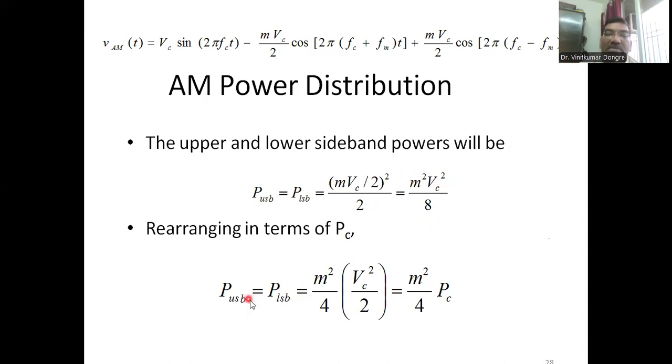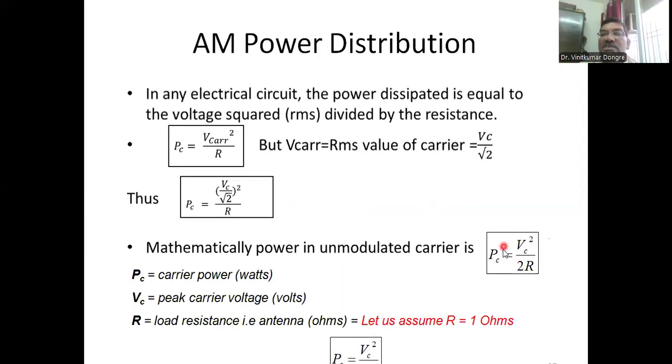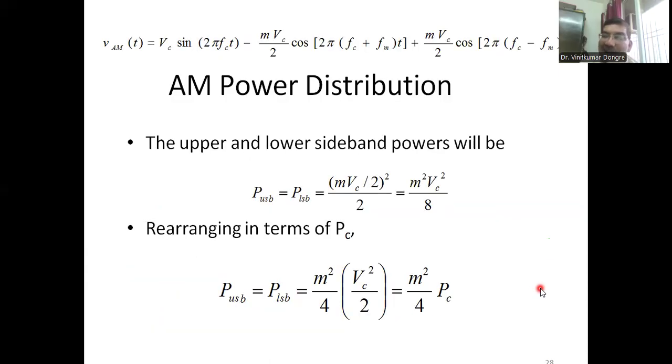So for the upper sideband and lower sideband, how much is the power? It is in terms of VC, but can we convert it in terms of PC? PC is the carrier power. We know what PC is; we calculated it in the previous slide. PC is VC square by 2.